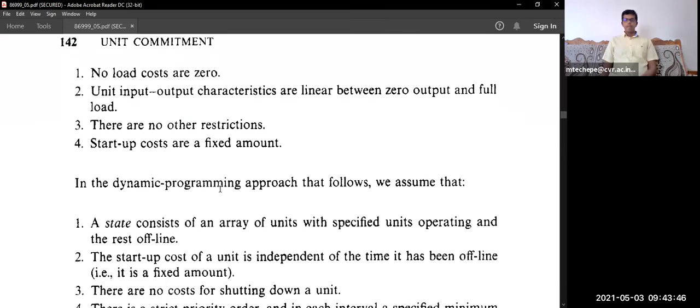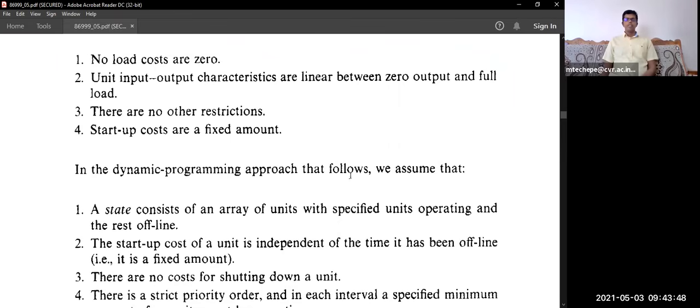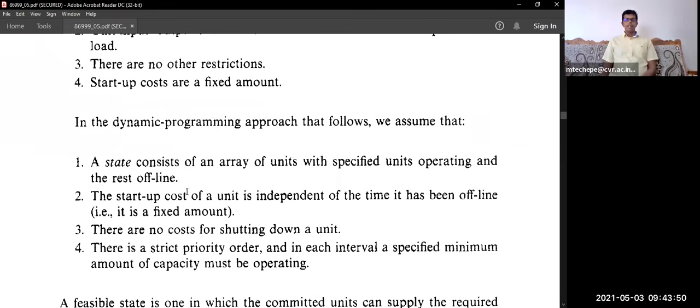So in the dynamic programming approach, we assume that a state consists of an array of units with the specified units operating and the rest offline. So specified units alone are operating, and the rest are offline.